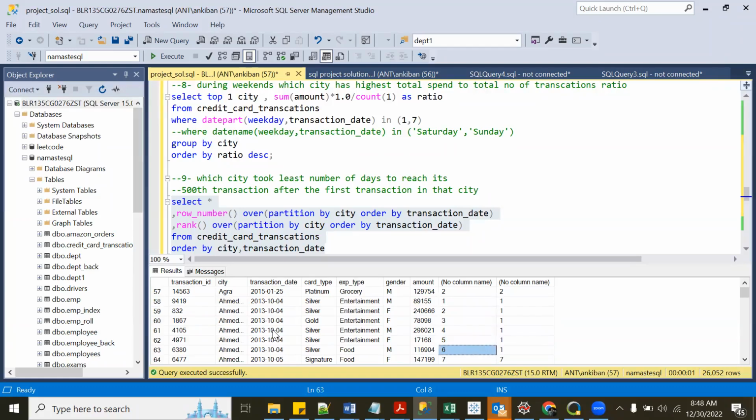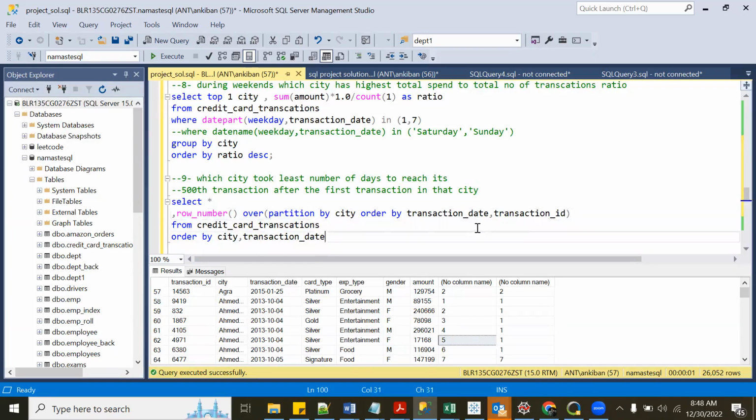But transaction date is also fine because I'm using row number, and row number doesn't repeat. So I can take row number, transaction date, and transaction ID. Transaction ID in our case is a running number, so it is fine. In case it is not a running number, we might have a problem, but this is fine.